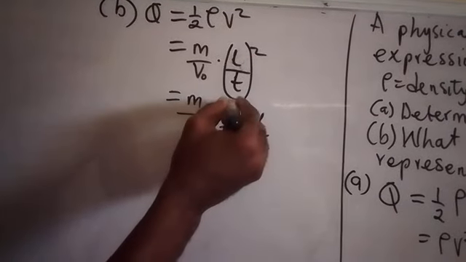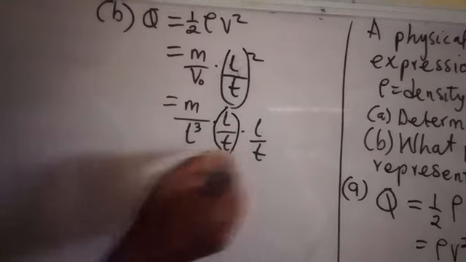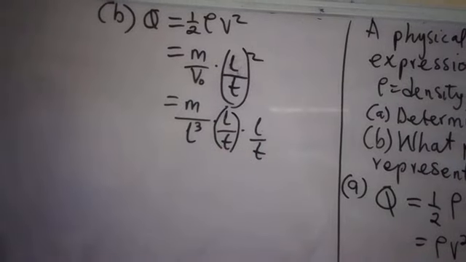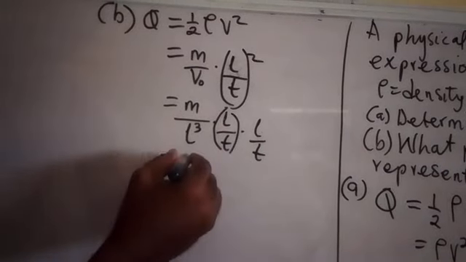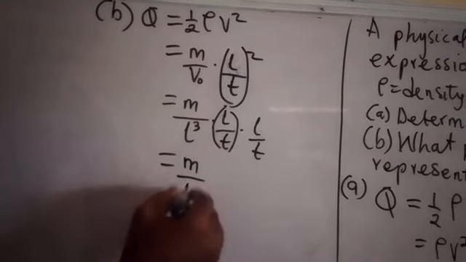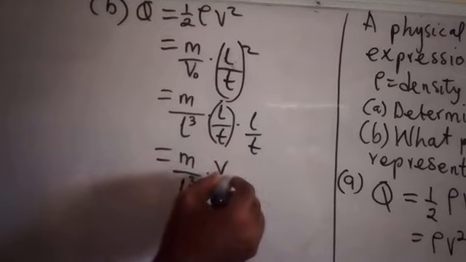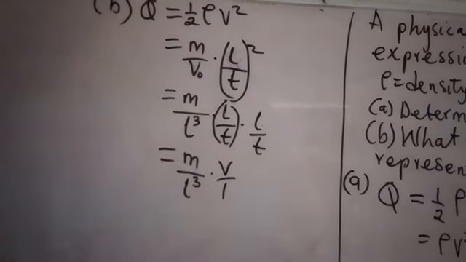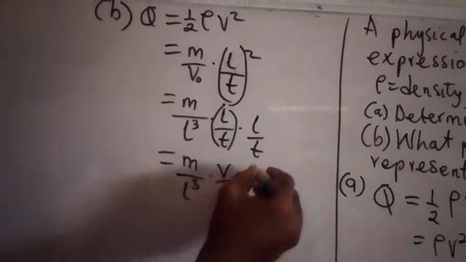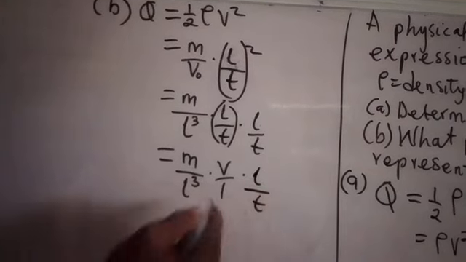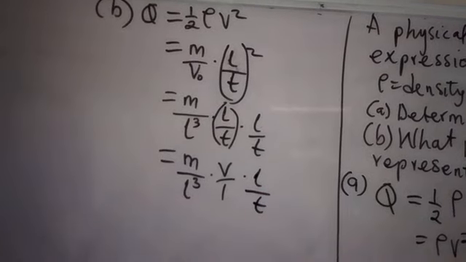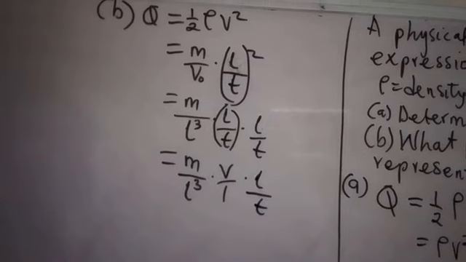Notice that distance over time is velocity. So I can actually write this as M over L cube times velocity over time times length over time. Though this is another velocity, if I put it there, I'm going back to what was written. So I want to change it.